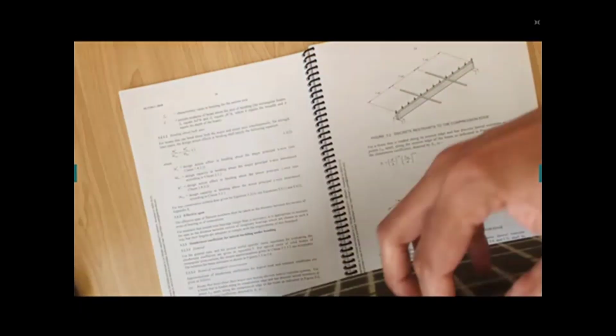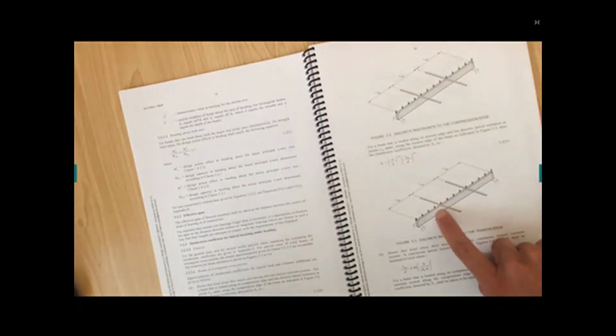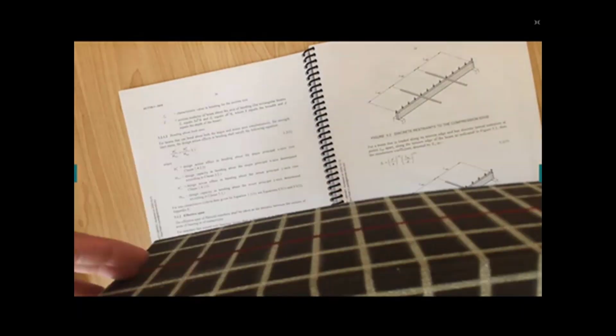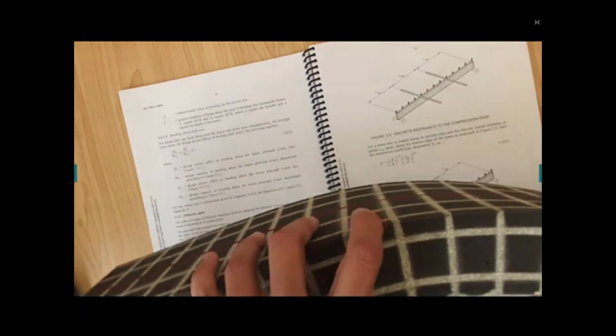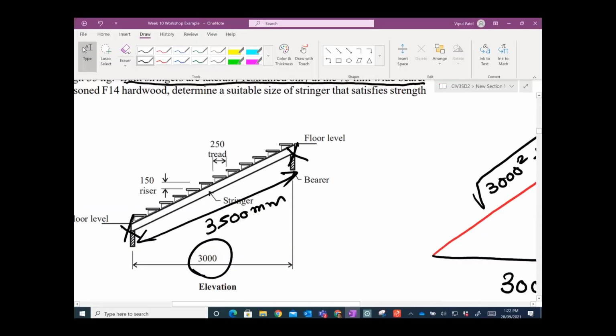When your loading is pulling this end, and you bend it like this, this is your tension edge, because I'm trying to pull this end and that becomes your tension edge. Then you have a beam loaded along the tension edge.